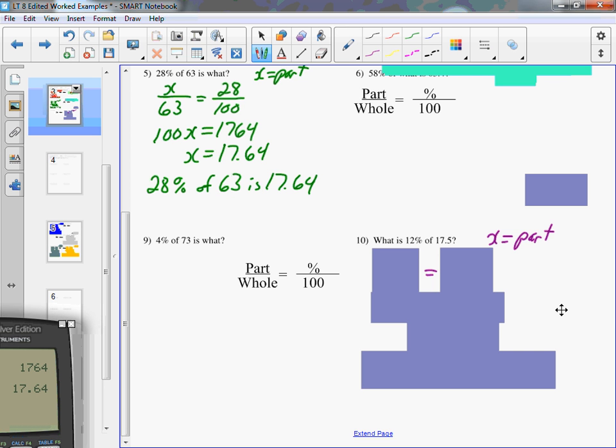All right, write your proportion. Write the one you think should be used, and then I'll uncover mine. Do we have the same proportion?